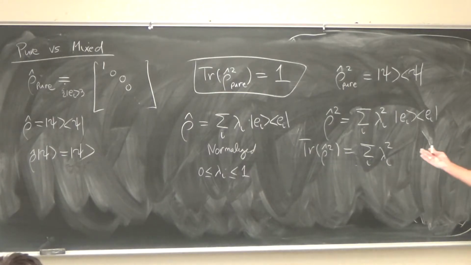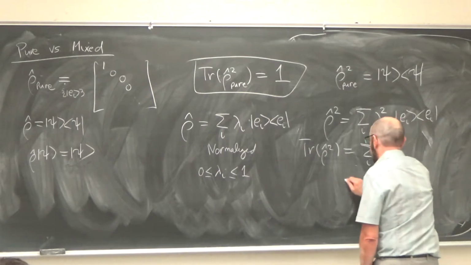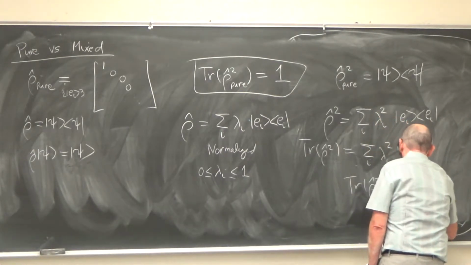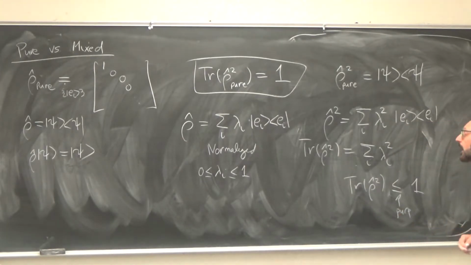So it's certainly less than 1, and only equal to 1 if I have a pure state. And what's the minimum possible value?